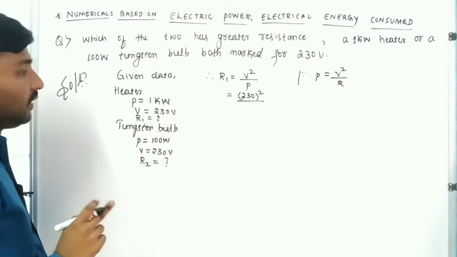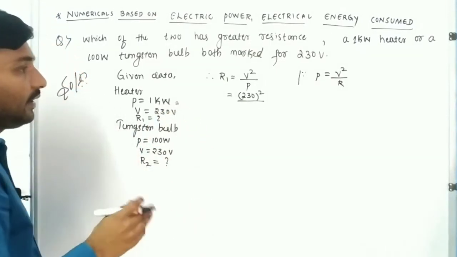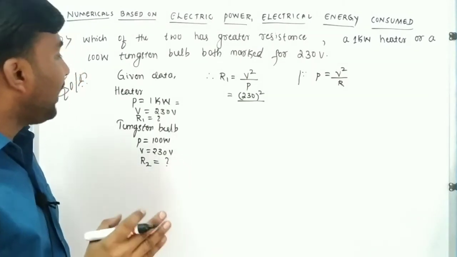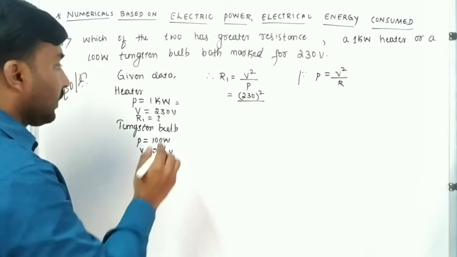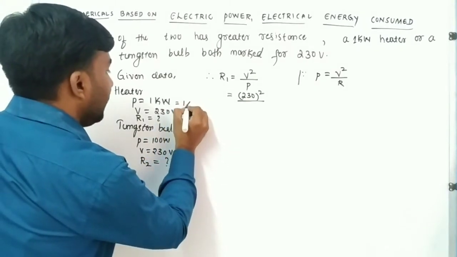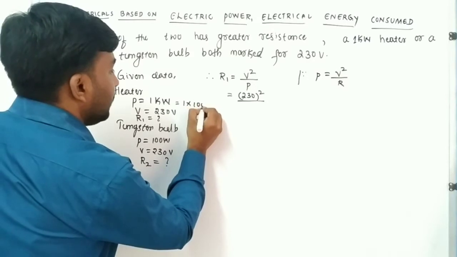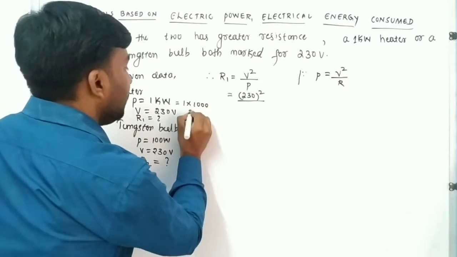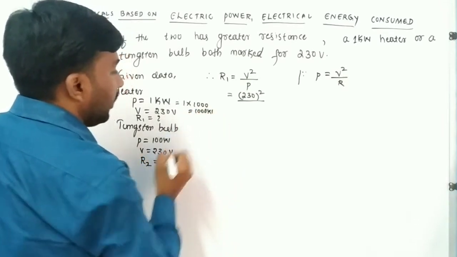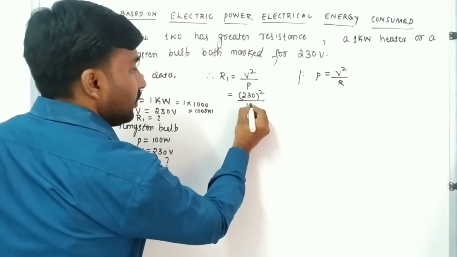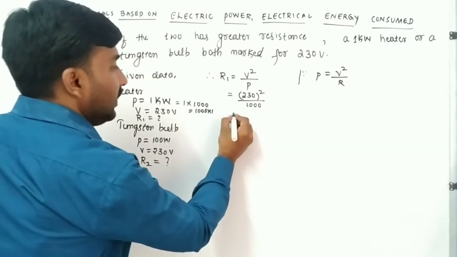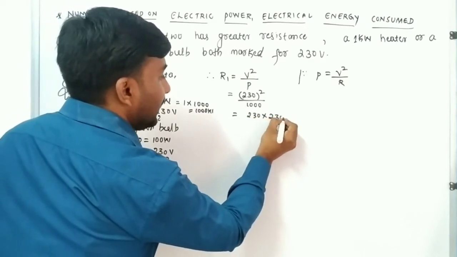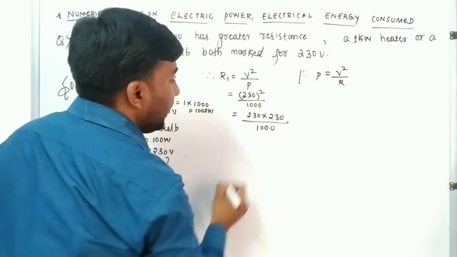1 kilowatt. So convert it into watt, because here we need to take the values in watt. So 1 into 1000, this will be equal to 1000 watt. Now 230 into 230, I can write like this, divided by 1000.